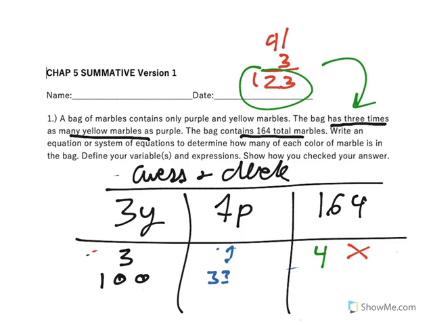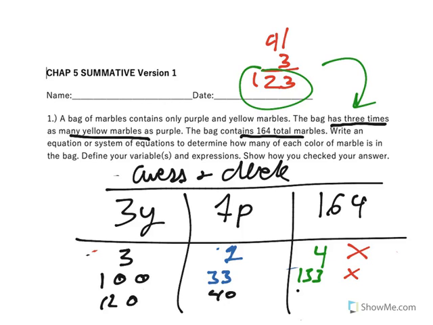Well, 33 and 100 is going to be 133. So that's not even close to 164. So let's jump it up to 120. A third of 120 would be 40.